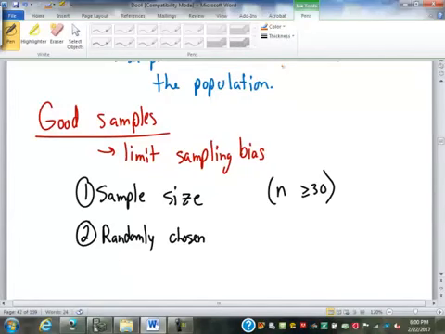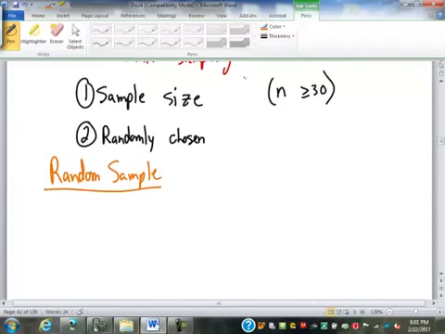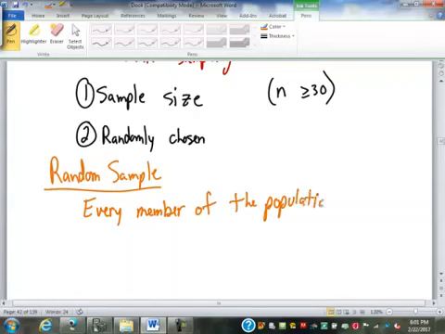A randomly chosen sample, a random sample, is defined statistically to be one where every member of the population has an equal chance of being in the sample.